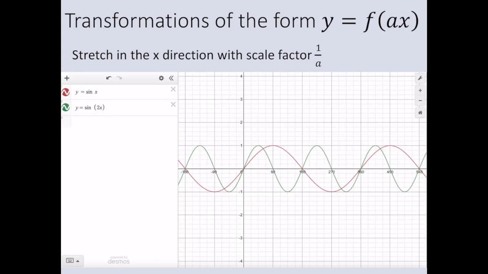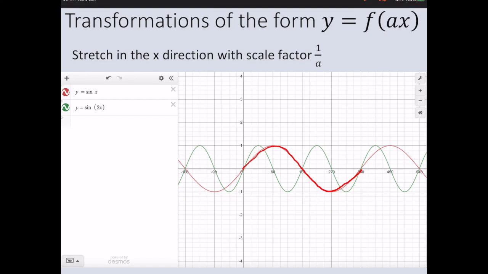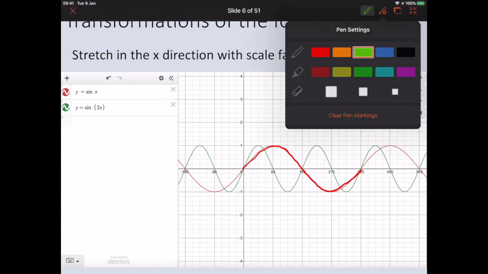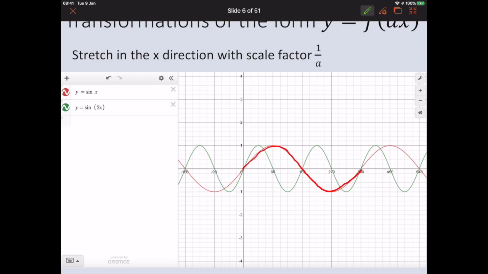If we look at the space it takes for one full cycle of the sine graph, we get one full cycle in 360 degrees. Note that on the green graph, the graph of y equals sine 2x, we get 2 full cycles of the waveform in that same space.